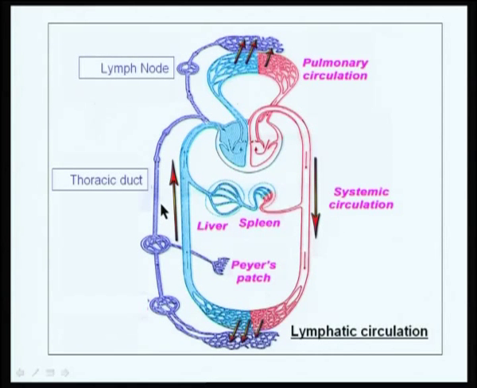We also mentioned that the various tissue spaces and the tissue cells that were located in various parts of the body have some fluid that drain them, and all this fluid is also referred to as the interstitial fluid.